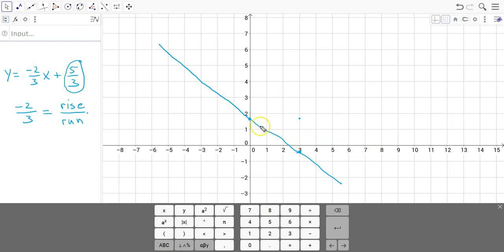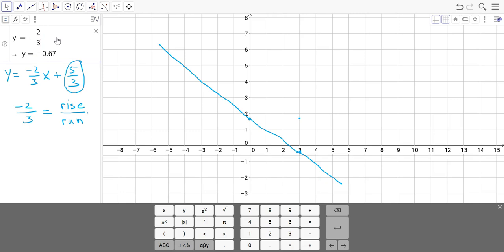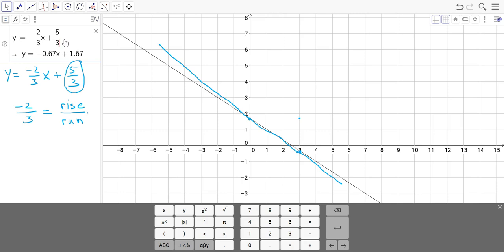And let's check it out with Geogebra if we were to graph it. Let's check our answer here. So we would just type in y equals negative 2/3 x, remember to move out of the denominator, plus 5/3. And there's our graph.